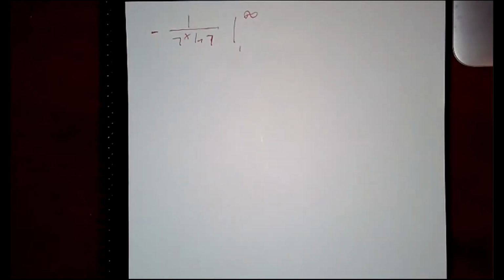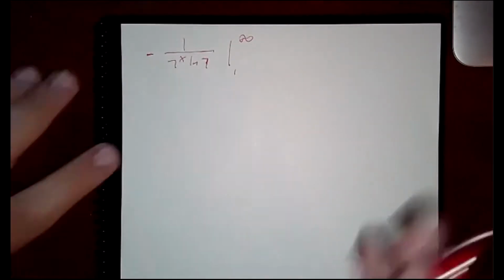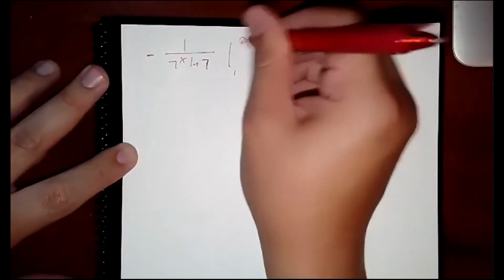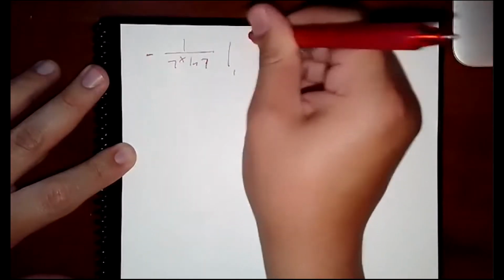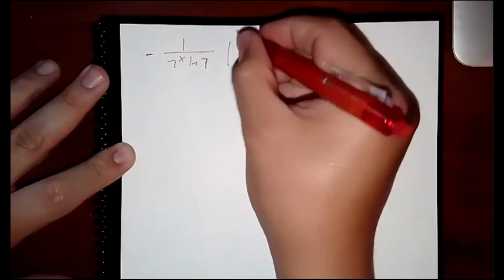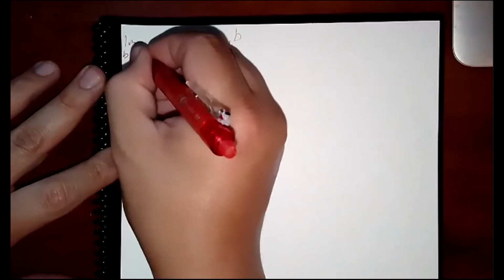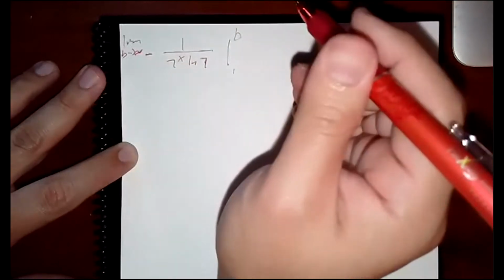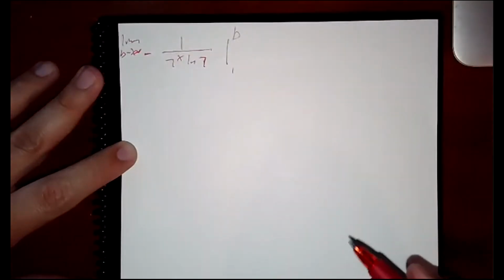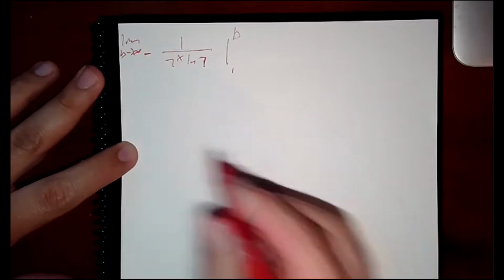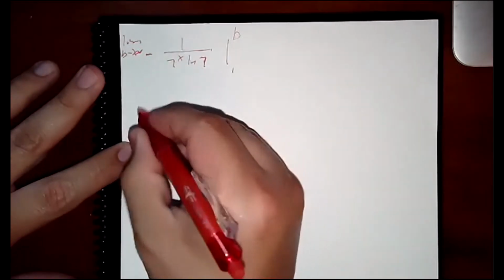I'm being a little improper, but you see what I'm saying, right? Yes. Supposed to say b, technically. With the limit, b goes to infinity. So you take the limit, so you have, what?